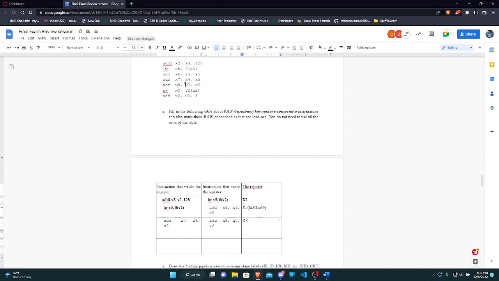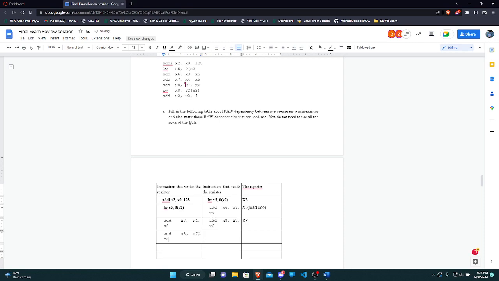And then the next one is actually this one again. So x8, x7, x6, and then store word. The register in question is x8. Those are all your raw dependencies.